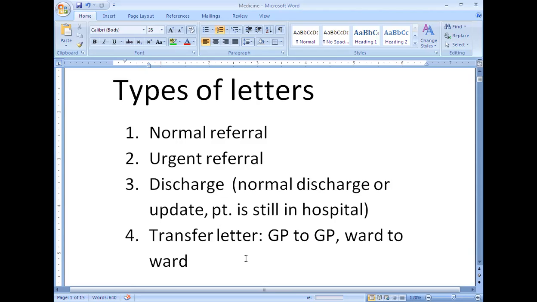Here the problem is that one GP or community nurse who has been taking care of this patient for a long time, maybe 5 years, 10 years, 15 years, now this patient is moving to another place where a new GP and new community nurse will be taking care of this patient. This is not like just referring a patient for treatment of pneumonia.